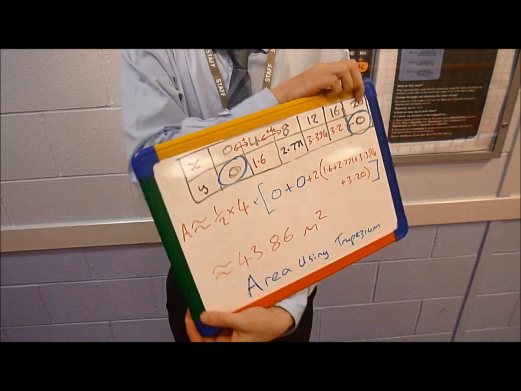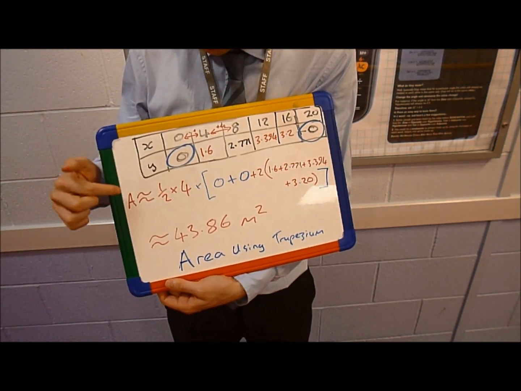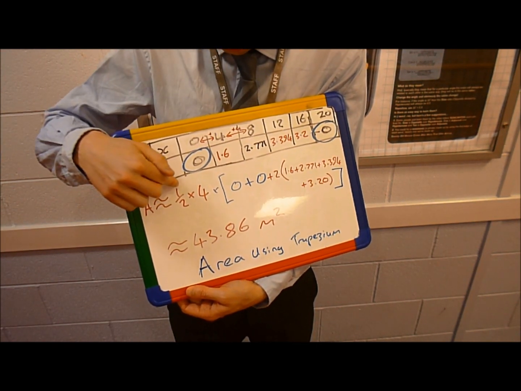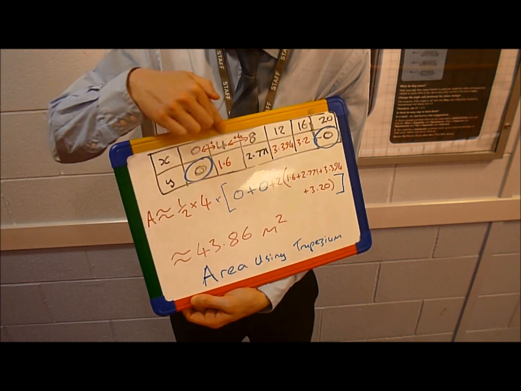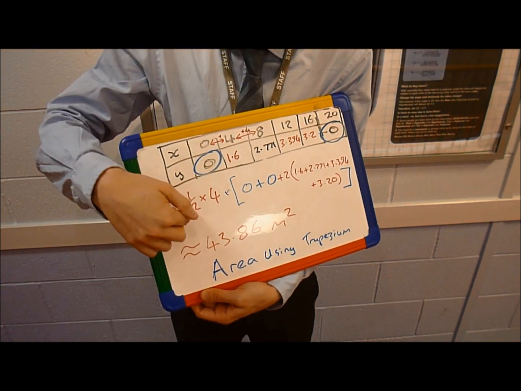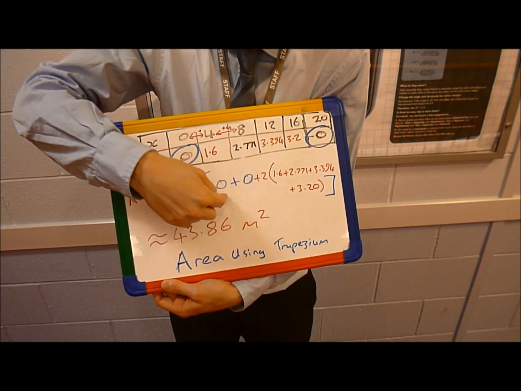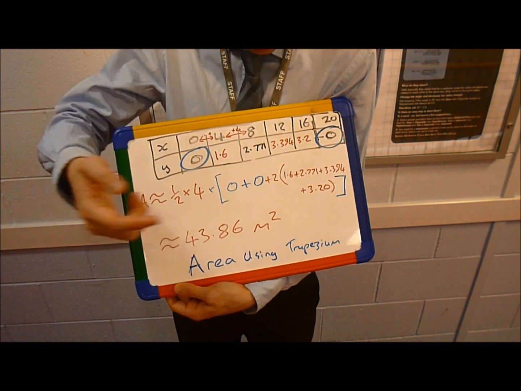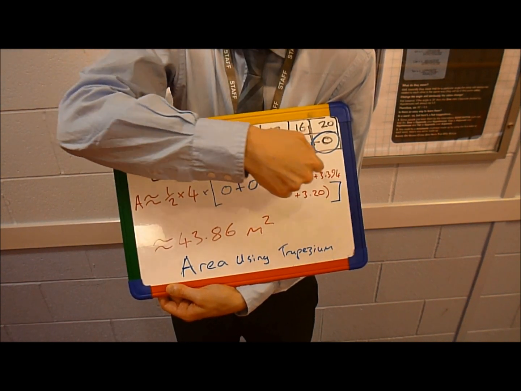So when we look back at our original problem, this is the table from part A. You can see for my area, it's approximately, because that's all it is, it's an estimation, a half, that's always there, times the difference in x, well that's 4 each time. So this half times the difference in x, all times, in my brackets, I've got one lot of the first and last value, just happens to be 0 here, plus 2 times all the other values.